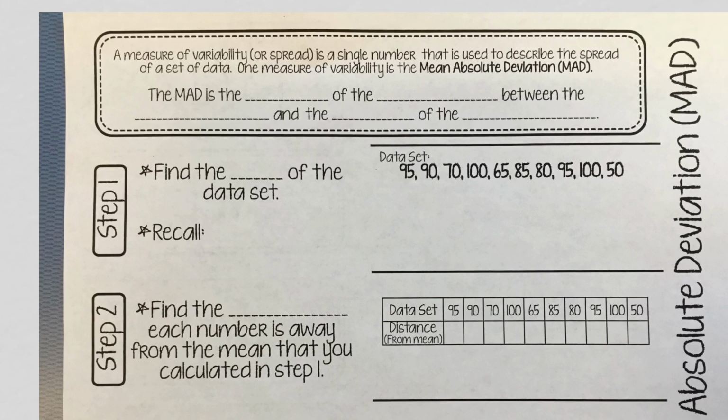Okay. So MAD is the mean of the distances between the data values and the mean of the data set.